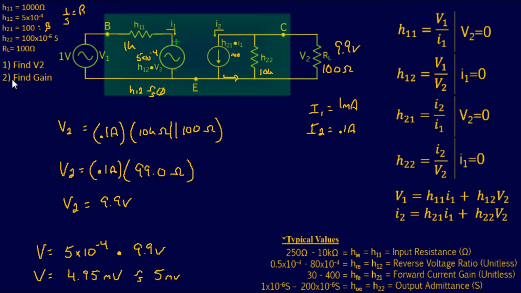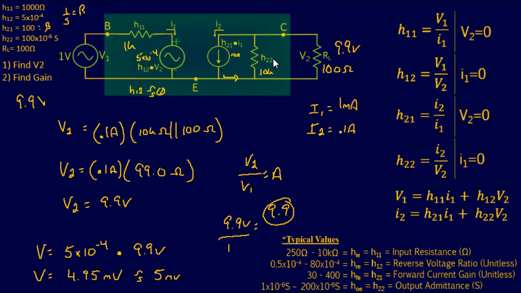Now, we need to find the gain. It's pretty simple. As we stated earlier, beta would be our current gain. Our voltage gain would be V2 over V1. So 9.9 volts over 1 volt gives us a gain of 9.9. Very simple.